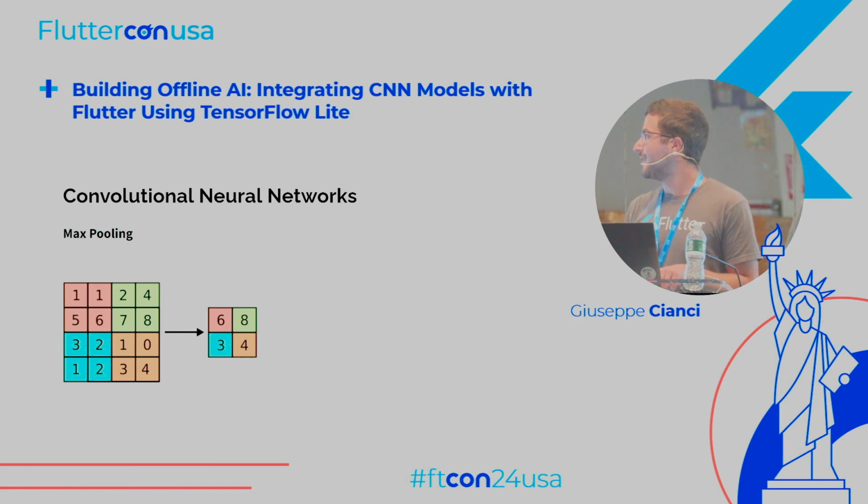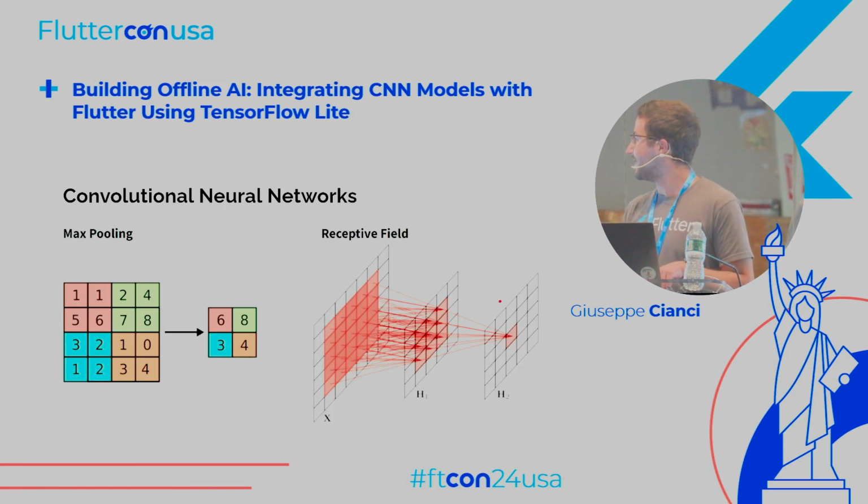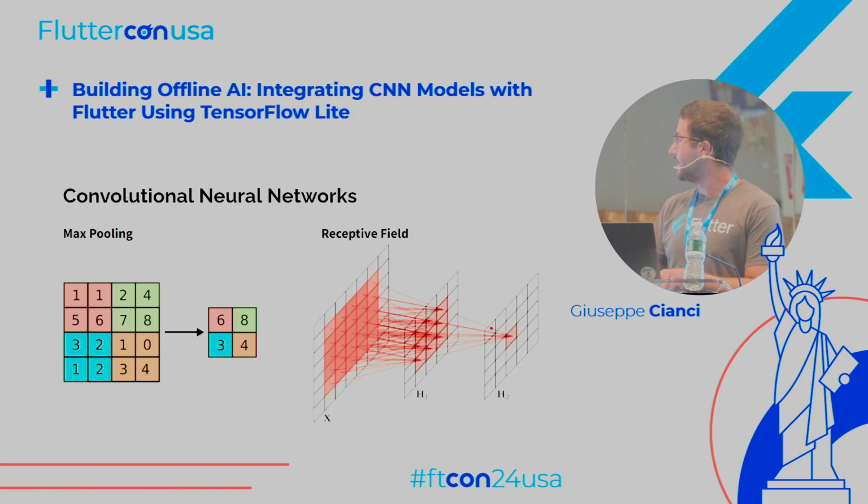So here you just take the maximum in a 2x2 grid. And what this does is that the deeper you go into the network, so this is a deeper layer, if you look at one of these neurons here, it's connected to these neurons through the kernel, which in turn is connected to almost the whole picture.